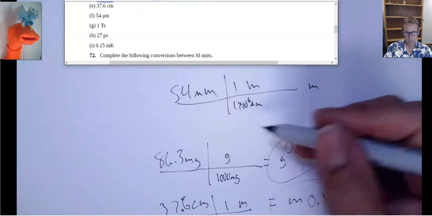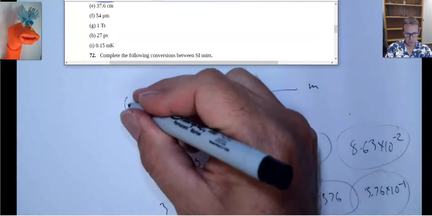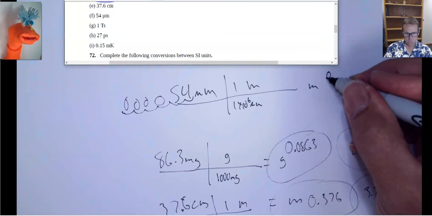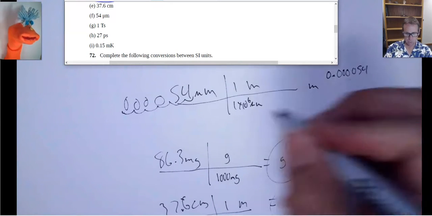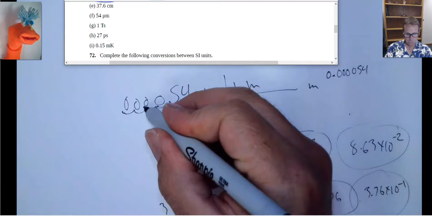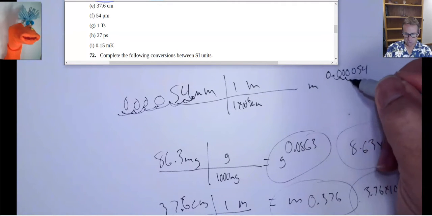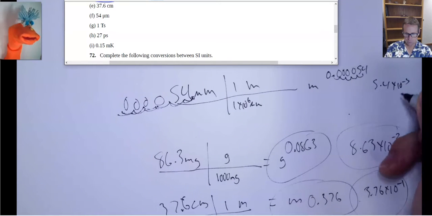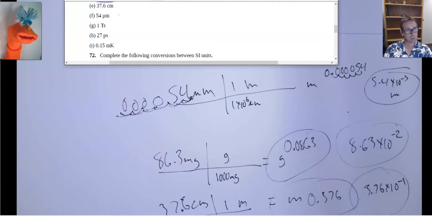So, moving the decimal place 6 times, 1, 2, 3, 4, 5, 6. Now to get it in scientific notation, 1, 2, 3, 4, 5: 5.4 times 10 to the minus 5 meters. That's equivalent to 54 micrometers.